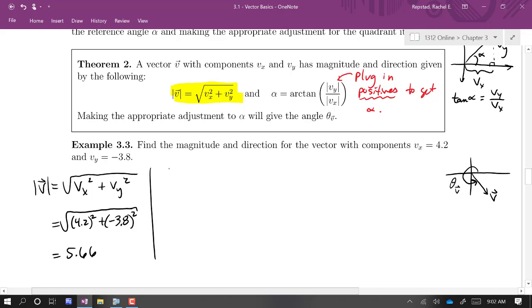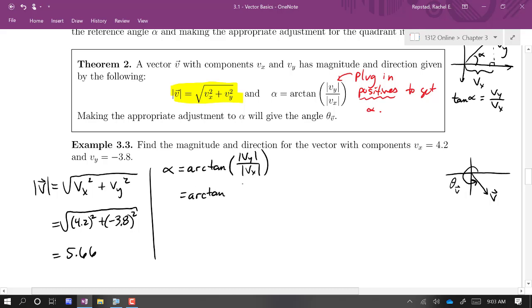And for the angle, we're going to find the reference angle first. So arctan of positive Vy over positive Vx, or absolute Vy over absolute Vx.